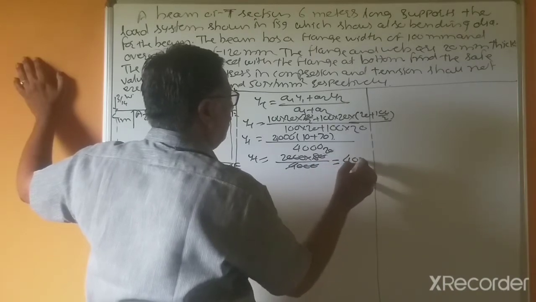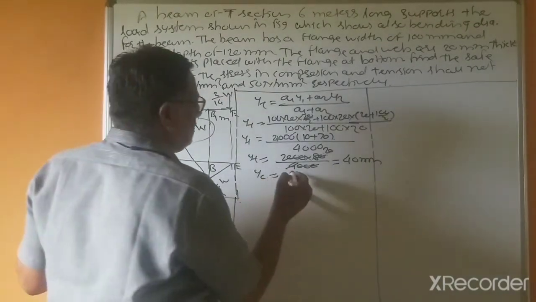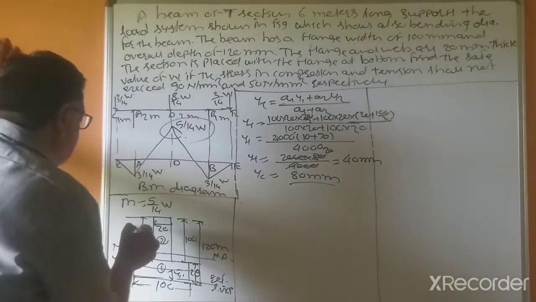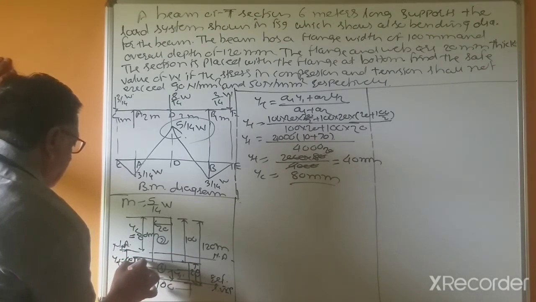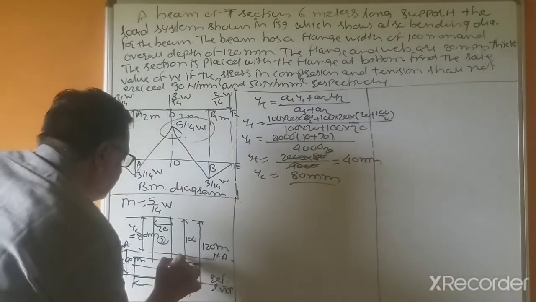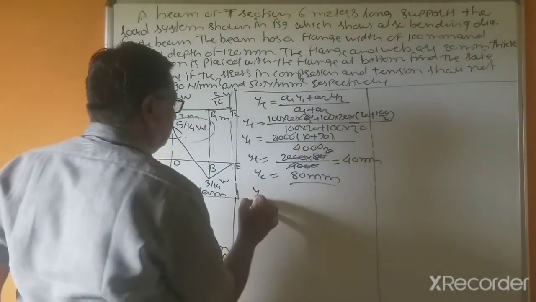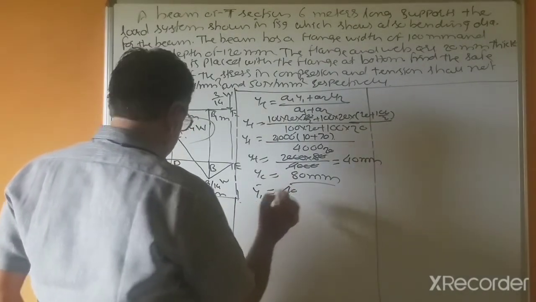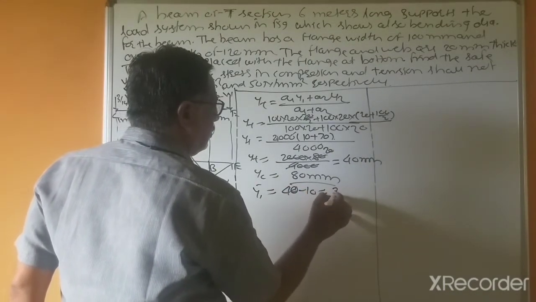So this is equal to 40 mm, and yc, above neutral axis, is 80 mm. So yc equal to 80 mm and yt equal to 40 mm. Now this distance is the y1 bar. So y1 bar equal to 40 minus this distance 10, equal to 30 mm.